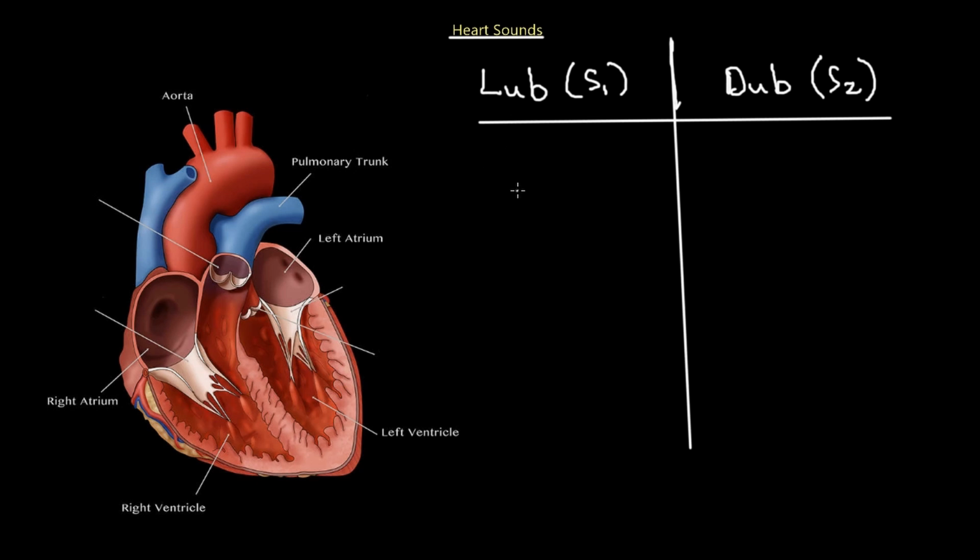The lub is responsible for the shutting of the atrioventricular valves, so shutting of the AV valves. So that's the valves that go between the atria and the ventricle, hence the name AV valves.